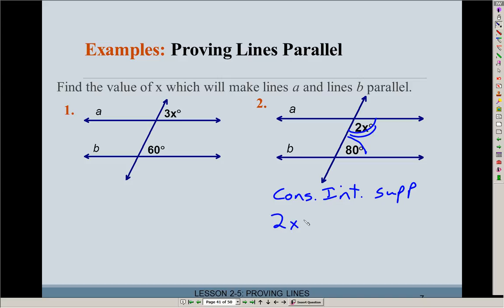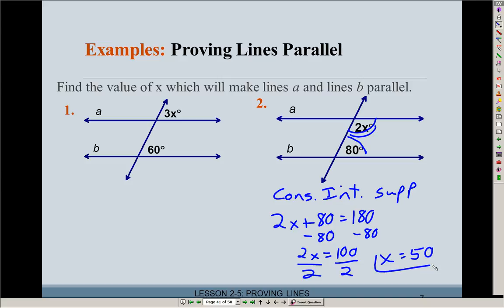So 2x plus 80 equals 180. They add up to equal 180 because they're supplementary. Subtract 80 from each side. So 2x equals 100. Divide both sides by 2, and x is 50. So if x is 50, then these lines are parallel, because if x is 50, that makes these consecutive interior angles supplementary.